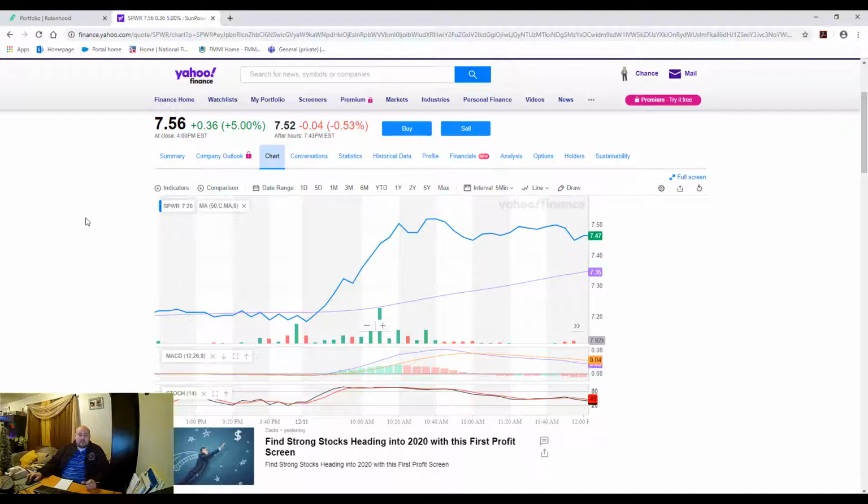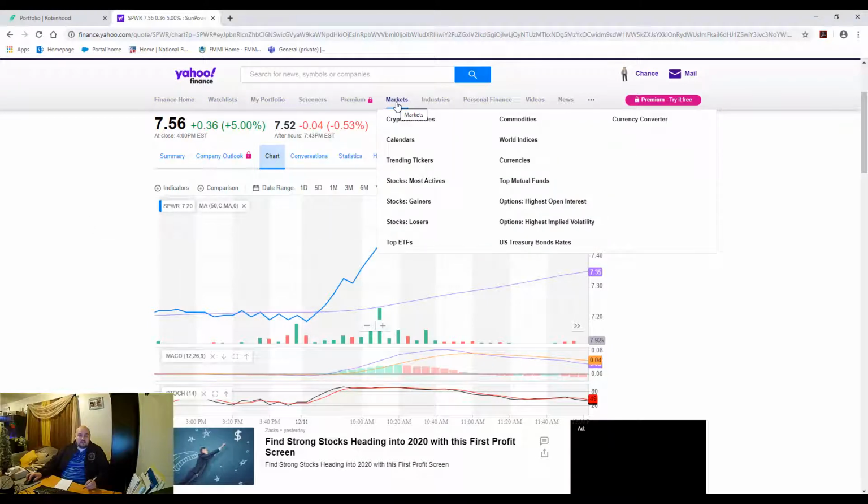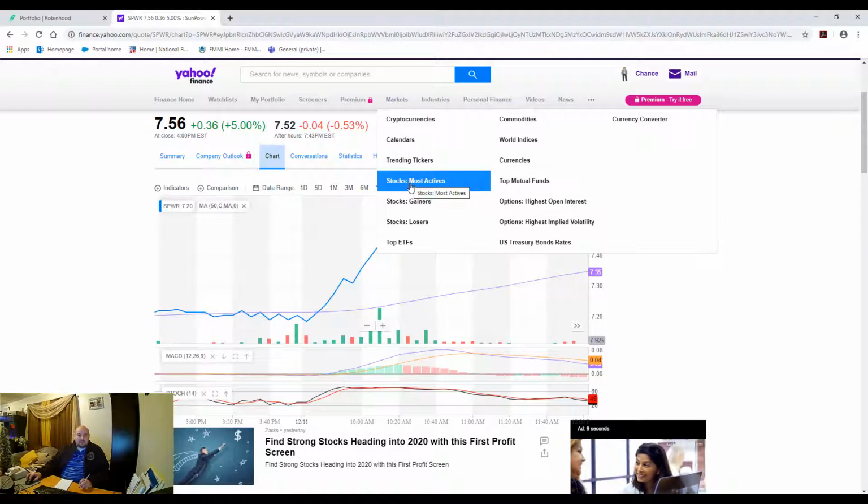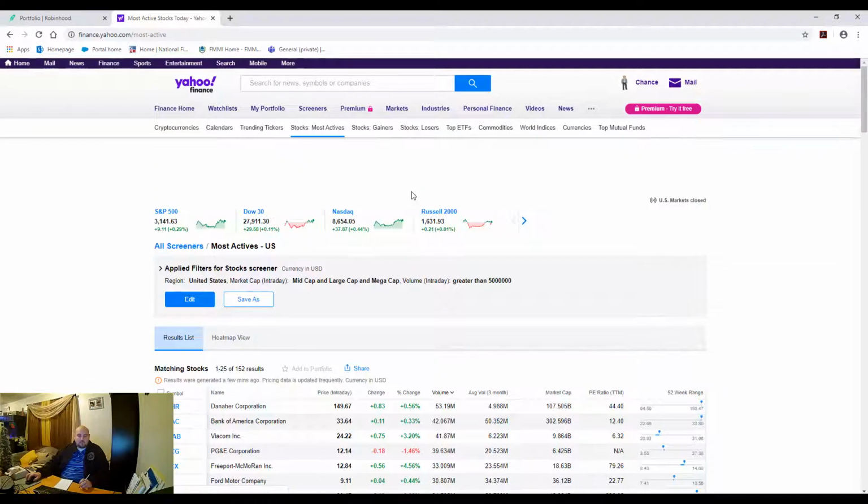But how do you pick a good stock? You have a few other tabs here. If you don't know much about which activity you want, or which companies suit your activity or your risk tolerance, you have a few screens that are pre-built through Yahoo.